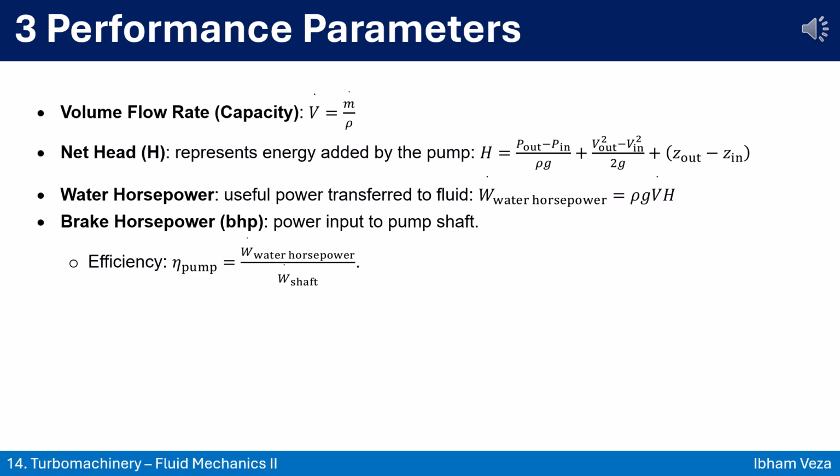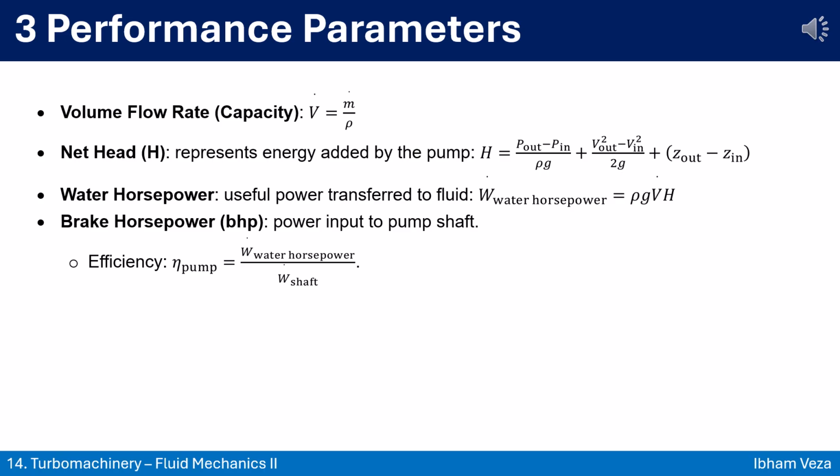Next, we introduce the concept of net head, H. This represents the total energy added to the fluid by the pump. It combines three forms of energy difference: pressure head, velocity head, and elevation head. Mathematically, it expresses the combined effects of pressure rise, velocity change, and elevation gain as the fluid moves from inlet to outlet.